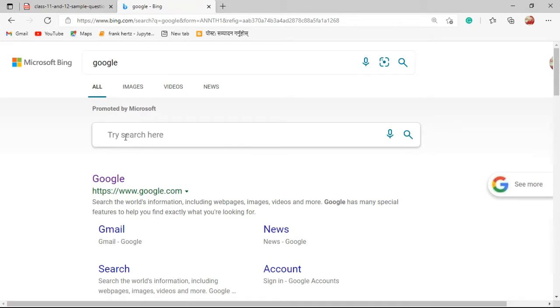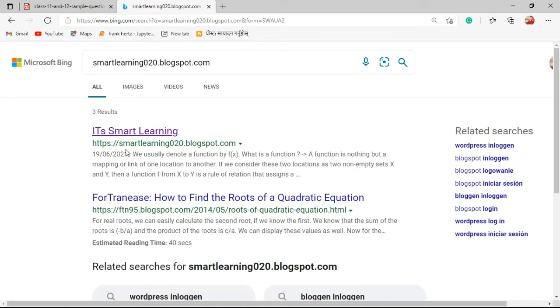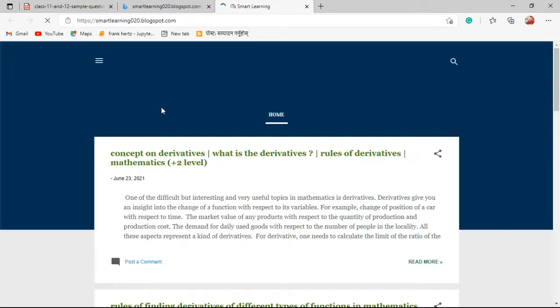Then type in the browser smartlearning020.blogspot.com. After typing this much, press enter, and you will see some options there. You can see this one option, Smart Learning, and if you click here, the site opens like this.